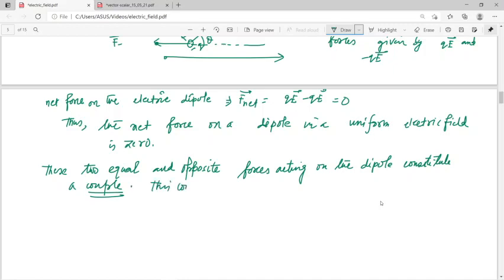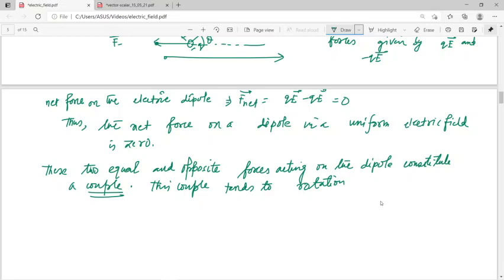This couple actually tends to rotate the dipole. In the case of couples, since two equal and opposite forces are acting, the translational motion is 0, but there should be some rotational motion.